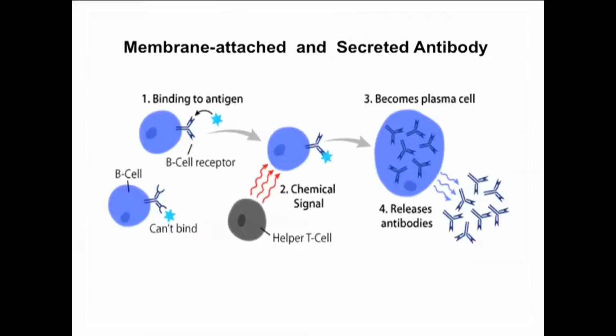And these B cells then differentiate, sometimes getting signals from the helper T cells, to become plasma cells, and these plasma cells secrete copious amounts of immunoglobulin molecules into the blood, and these secreted antibodies then fight against the invading antigen.